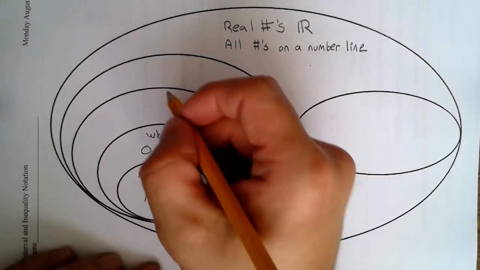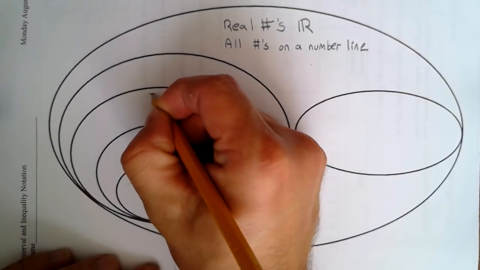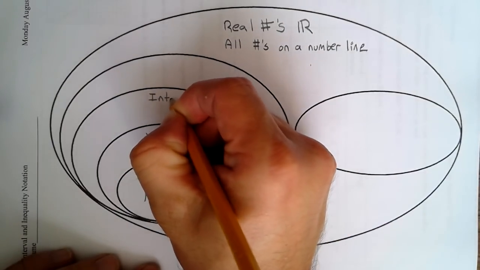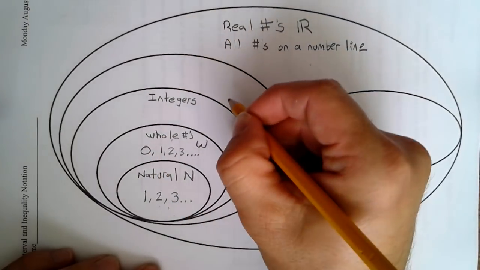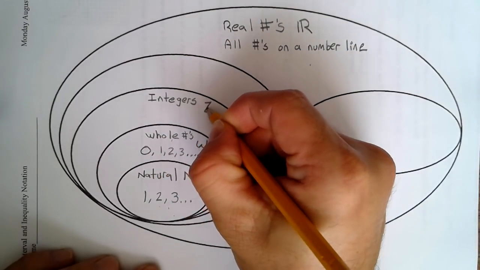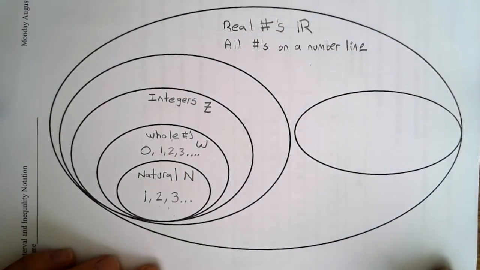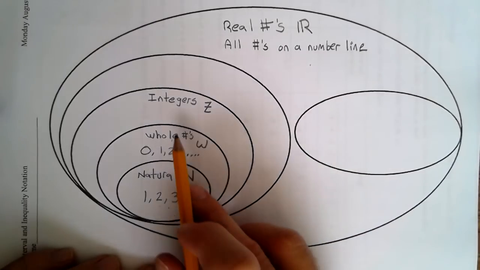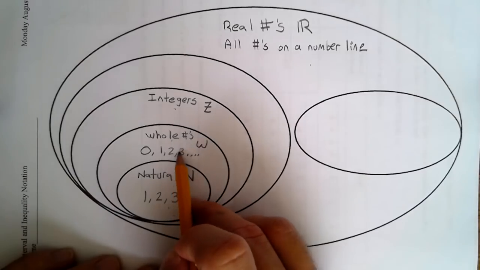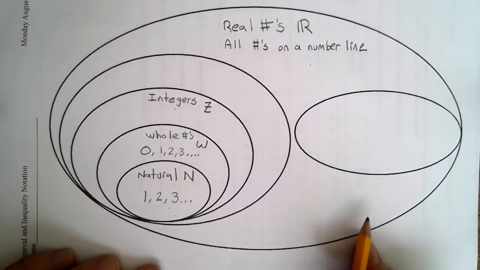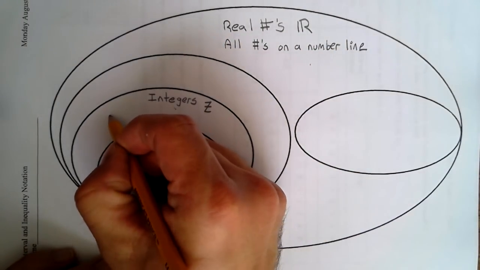All right, so the next is integers, which we represent as a capital Z. Okay, integers, now important to note, every natural number and every whole number is included in integers, but not all integers are included in natural and whole numbers. That's how this works. So integers started to incorporate the negative numbers.